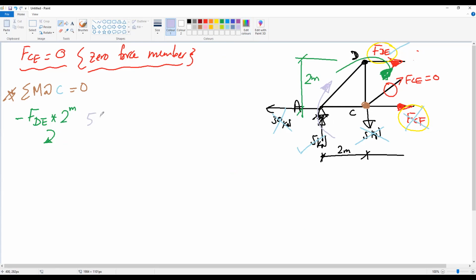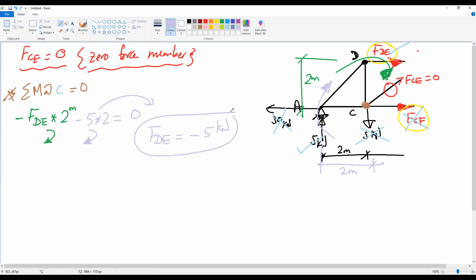What is the distance between this 5 kilonewton and C? Also 2 meters, and I will give negative because it also rotates clockwise. So 5 times 2, this should equal 0. From this equation, what is the value of FDE? If we send this to this side, FDE will be negative 5 kilonewton.